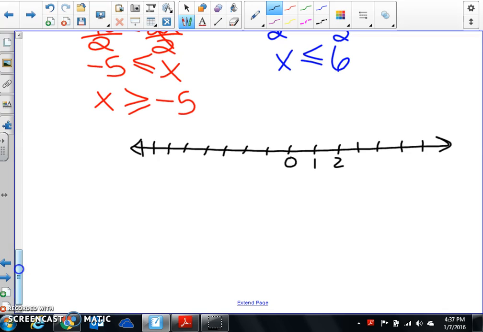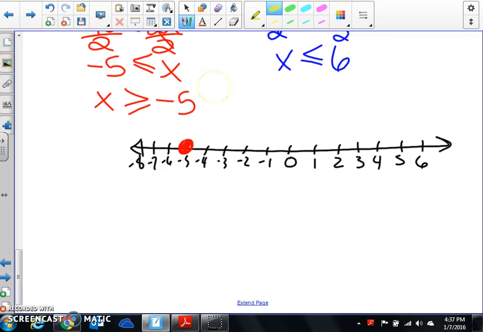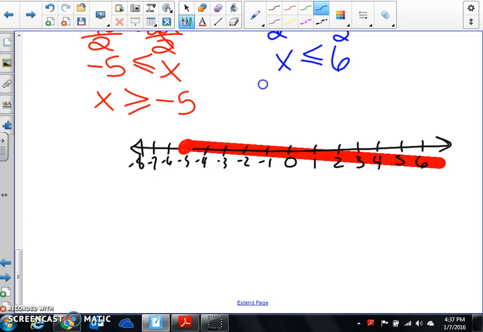0, 1, 2, 3, 4, 5, 6, negative 1, negative 2, negative 3. All right. My red one, I go to negative 5. It's a closed circle pointing to the right. Now I go to the blue. It's a closed circle. Oh, that kind of went weird, huh?